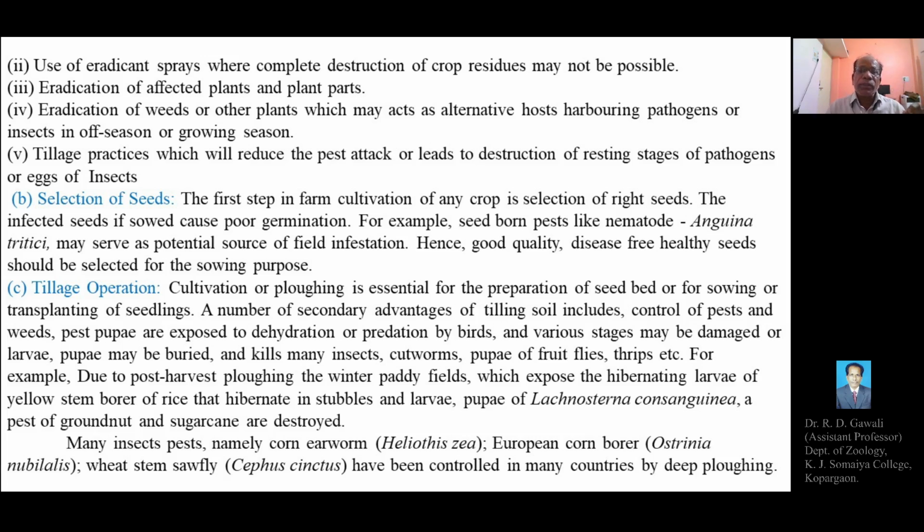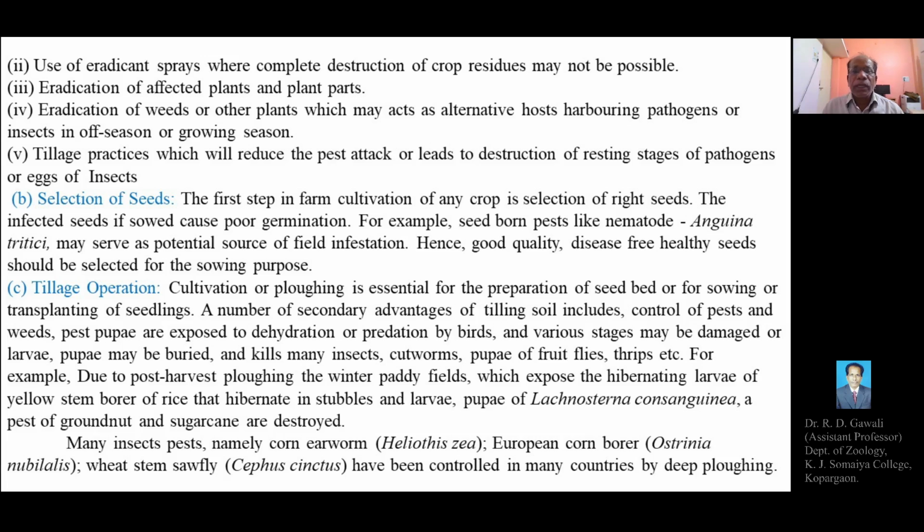So deep ploughing after harvesting can help in the eradication, elimination, destruction and killing of the several stages of the pest population, not only in India but abroad also.